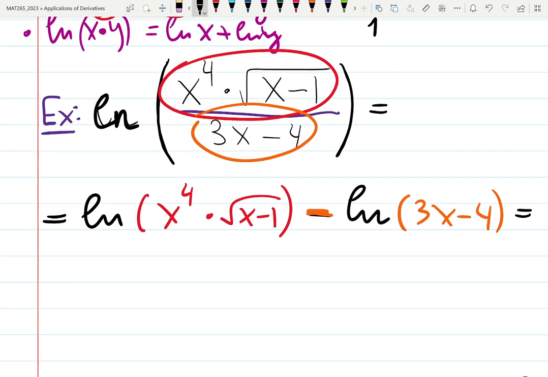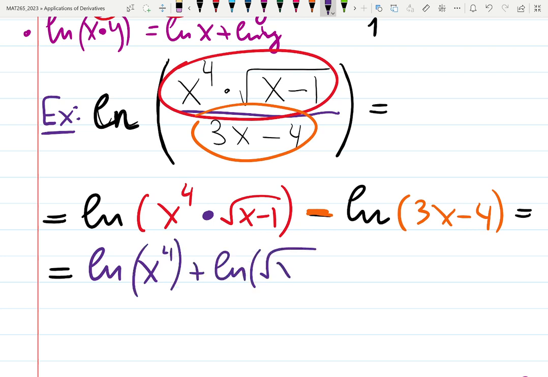Then that's not all. Then I noticed there is a product inside here, and that's when I would skip the step and write down log plus log right away. So the first log becomes two logs, ln x to the 4 plus ln square root of x minus 1. The last log is now just staying there. Don't touch it.